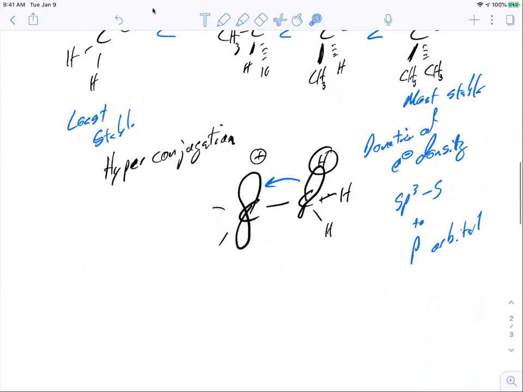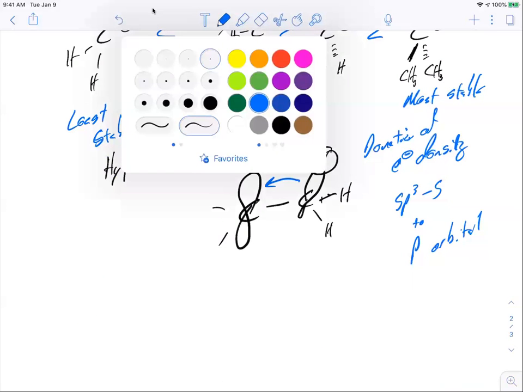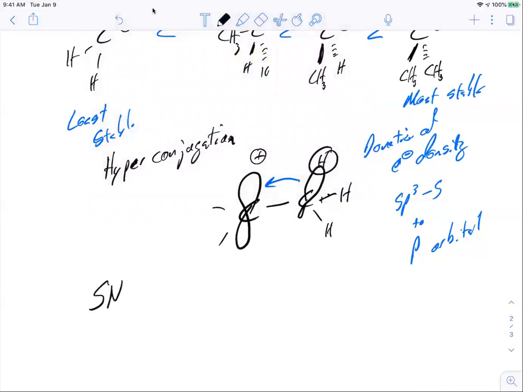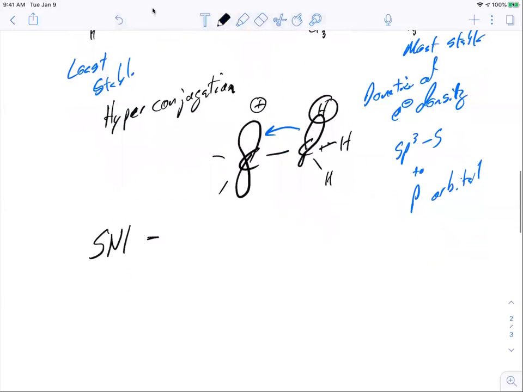So therefore, in an SN1 reaction, our substrate, the tertiary carbon is going to be faster than the secondary carbon, which is going to be much faster than the primary carbon, which is going to be excessively faster than the methyl.